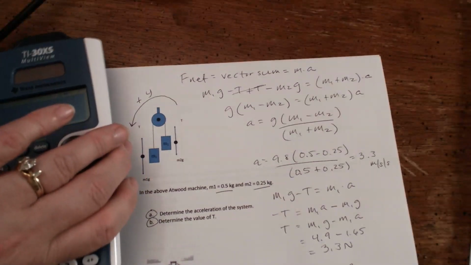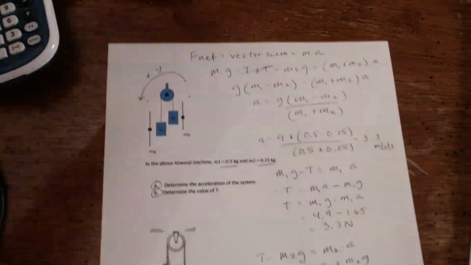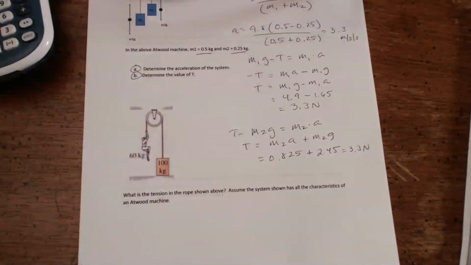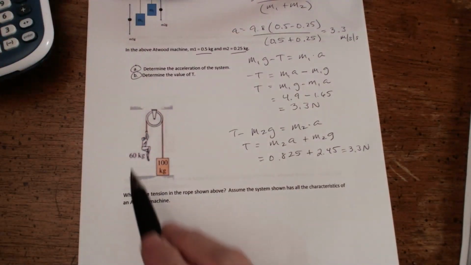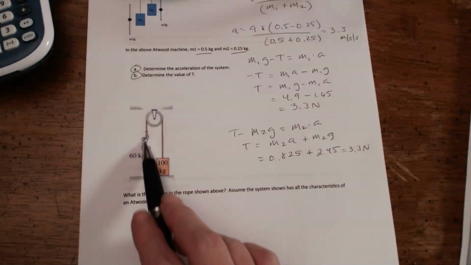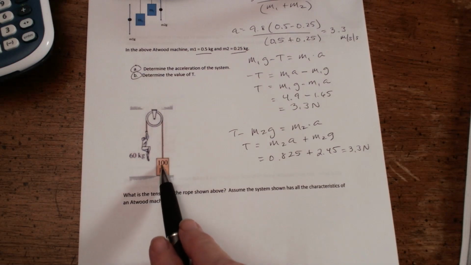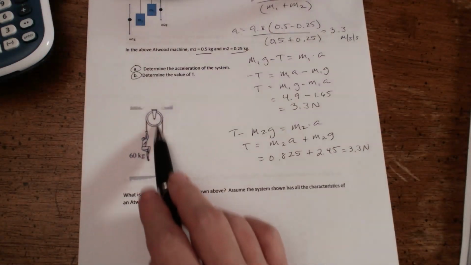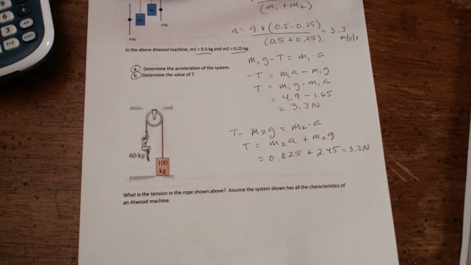Okay, so here's a second one where they ask us for the tension. This is a guy pulling on a rope. So this is a 60-kilogram person hanging, and then a 100-kilogram mass on the other side, and we're assuming this is acting as an Atwood machine.